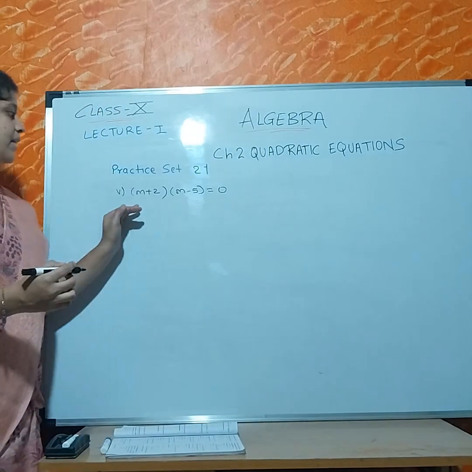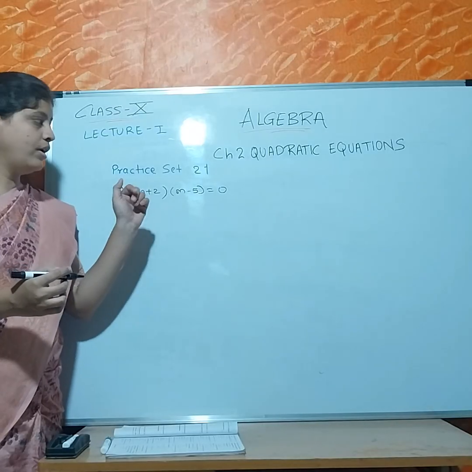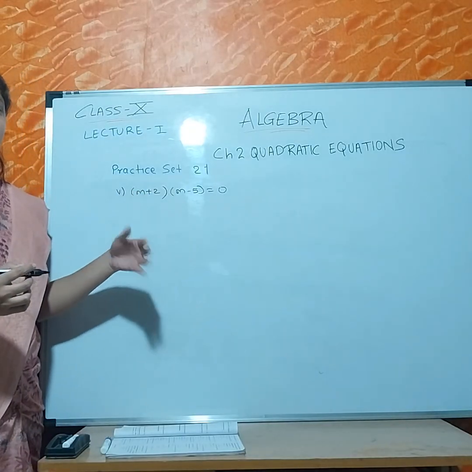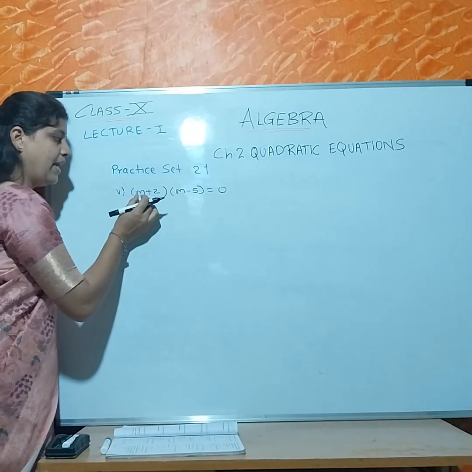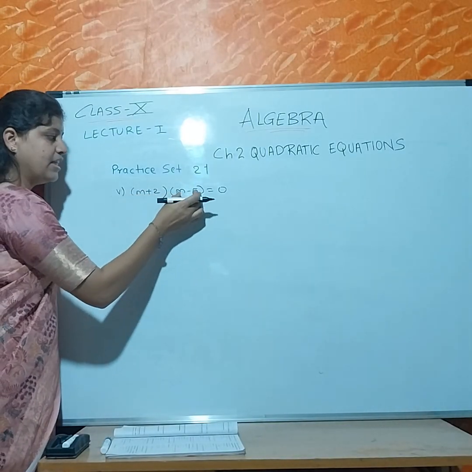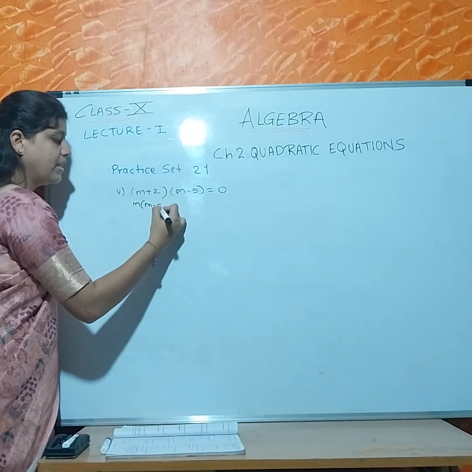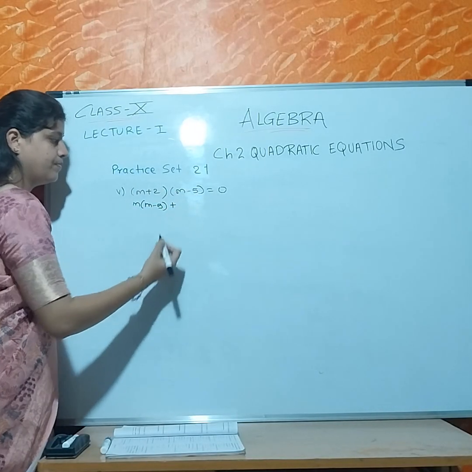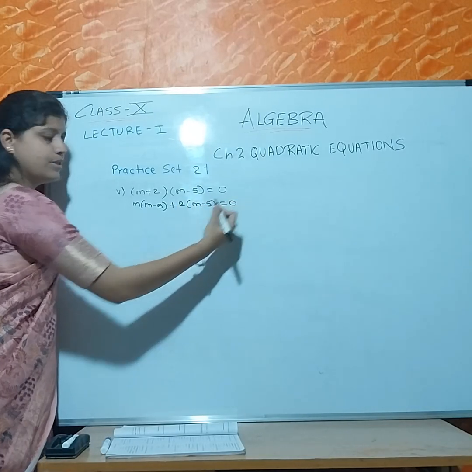Understood? m plus 2 in bracket m minus 5 is equal to 0. Let us solve this equation. Let us simplify this equation first. So first we will multiply this bracket with m, and secondly we will multiply this bracket with 2. Now see, m into m minus 5 plus 2 into m minus 5 is equal to 0.